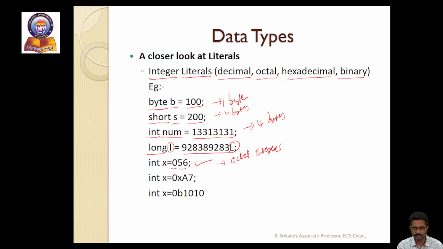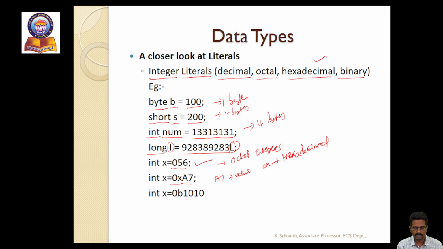Here we have one more example where the value starts with 0x. A7 is the value, and 0x represents hexadecimal format. Whenever a value starts with 0x, you have to remember that it is hexadecimal format.